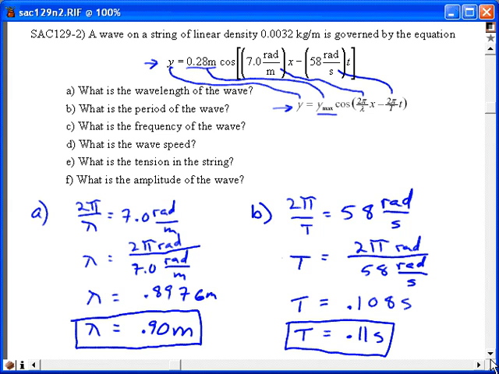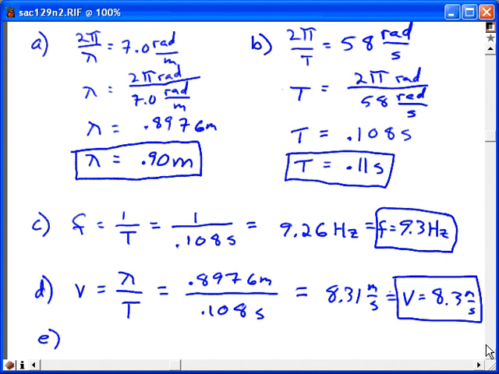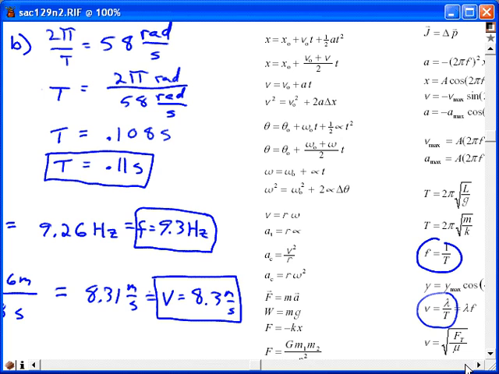The tension in the string, remember, the tighter it is, the greater the wave velocity, so greater the frequency for a fixed wavelength, but in general, the greater the wave velocity. So the wave velocity is determined by the tension, F sub T is the tension, and mu is the linear mass density, that mass per unit length.